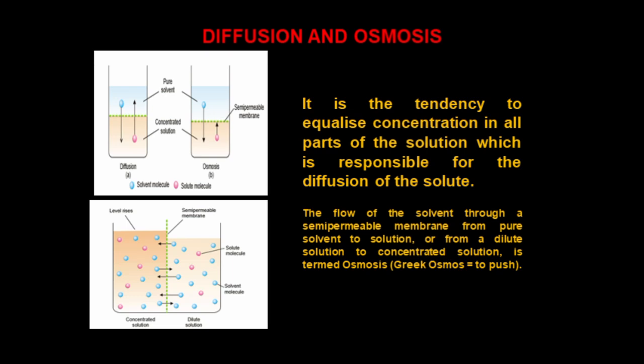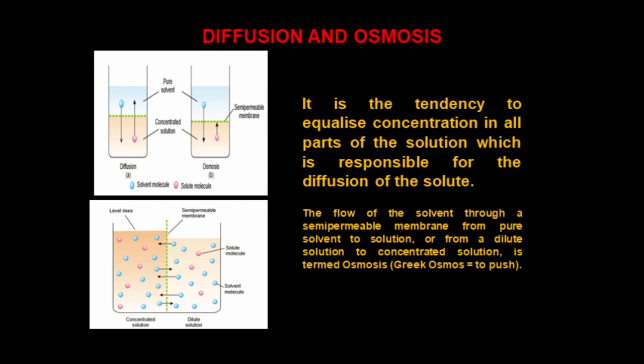Now the concentrated solution and the pure solvent are separated by a semi-permeable membrane. Here only the solvent molecules can move. Therefore, the concentration of the solvent is more in the pure solvent, whereas it is less in the concentrated solution side. Therefore, the solvent moves from its higher concentration side to its lower concentration side until both the concentrations become equal to each other.